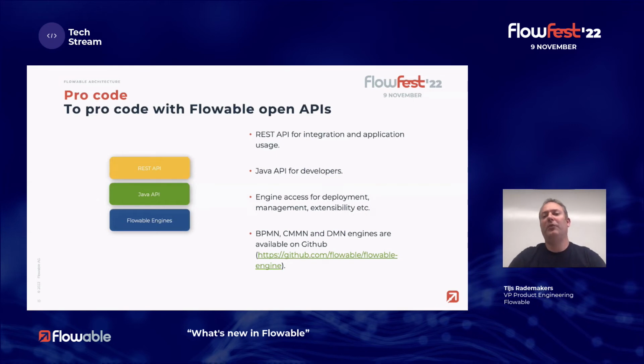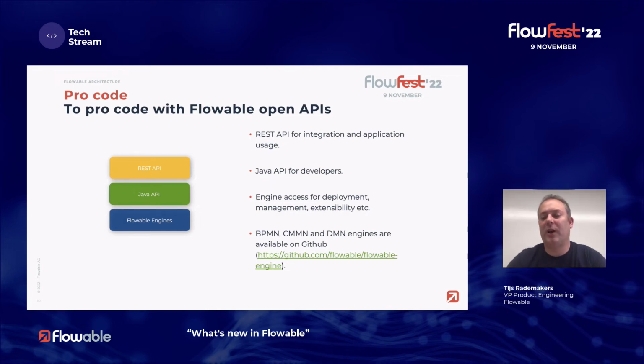Then if we move a bit further, we have all the low-code capabilities, with all the different model types, and we have our extensive scripting support that we are adding and have added. But then there's still sometimes the need or the wish to use Java or a REST API to integrate with Flowable.